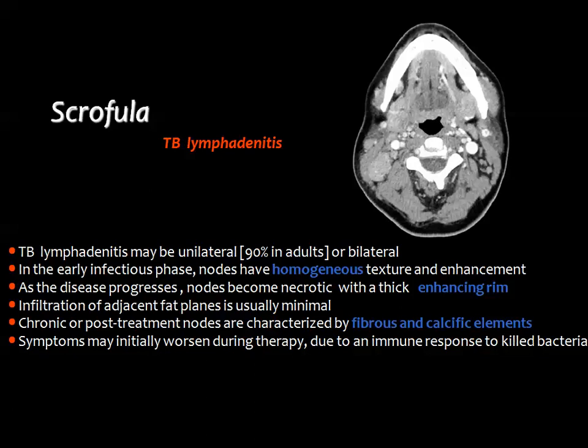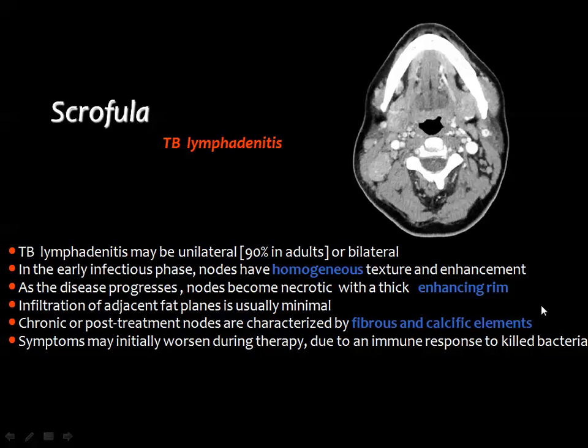And the affected nodes may pass into three stages. The first stage is the acute phase, where the nodes are enlarged, but they show homogeneous density and homogeneous enhancement.